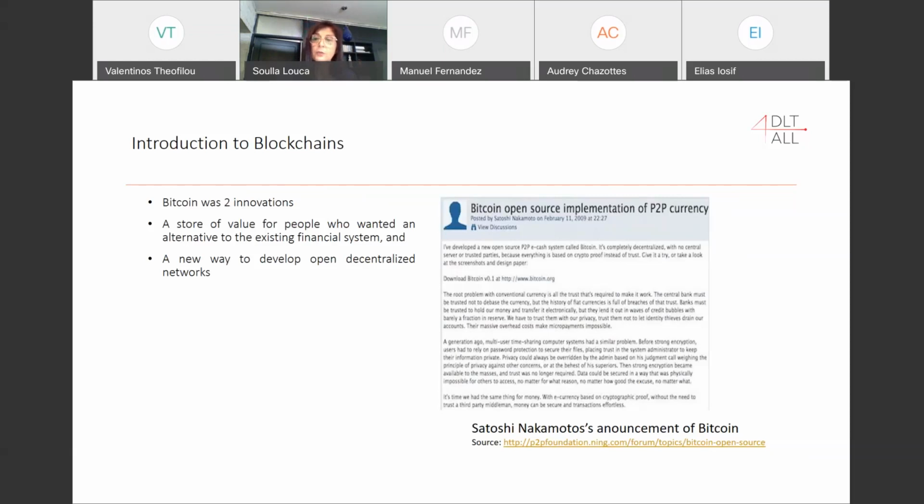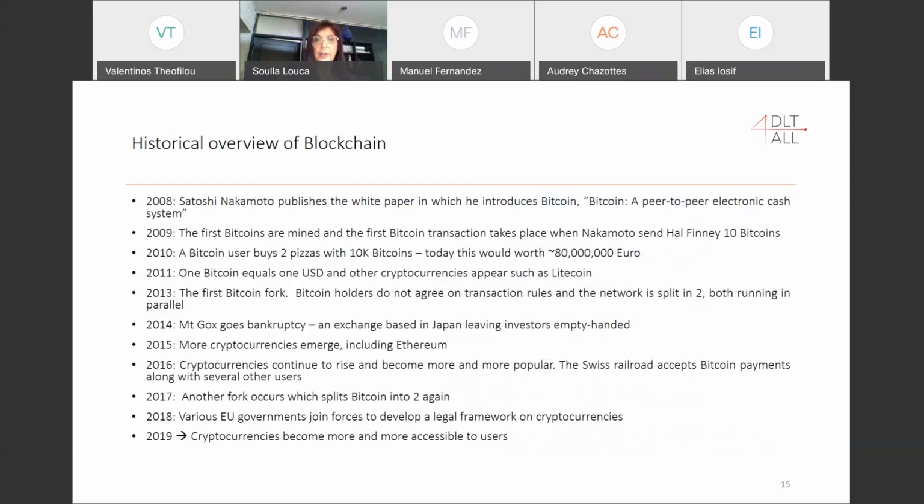And it was also at the same time a new way to develop open, decentralized networks. Decentralized networks in the sense that all the various intermediaries that we have are being removed. So it is a peer-to-peer network without trusting unknown parties.